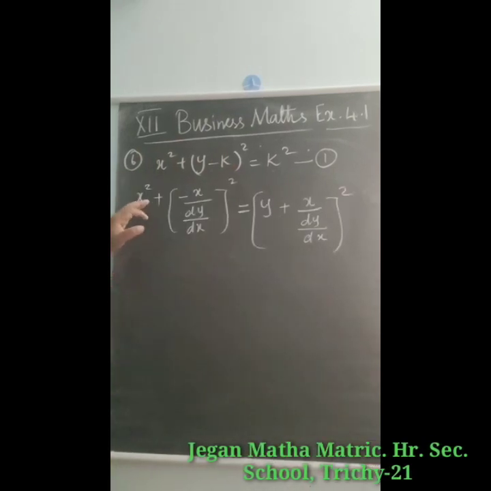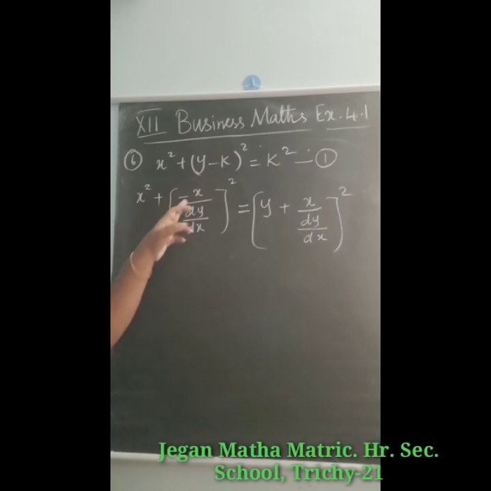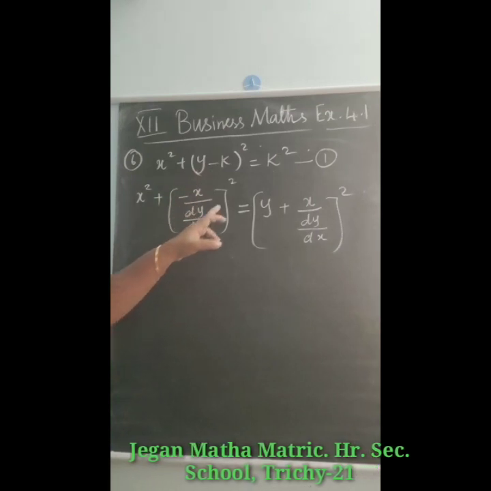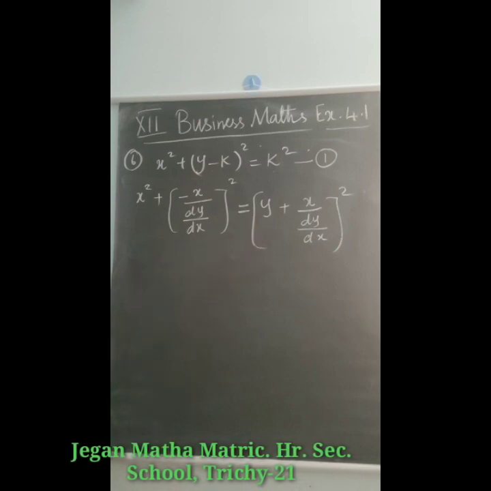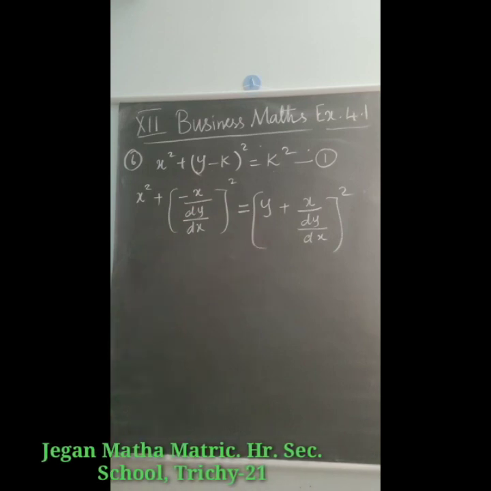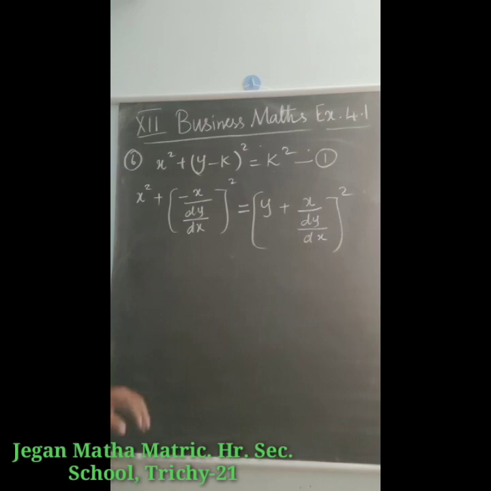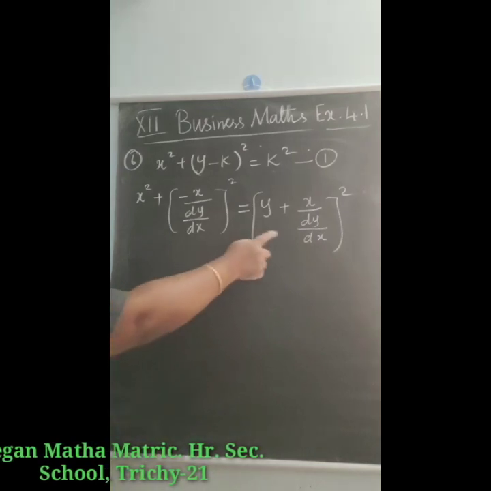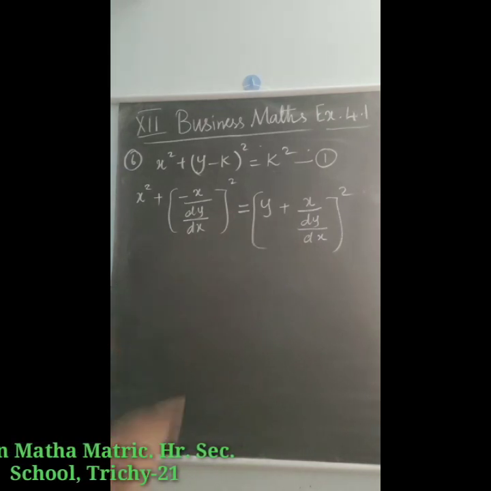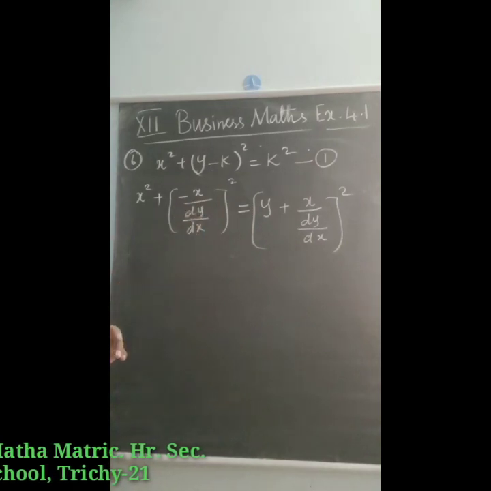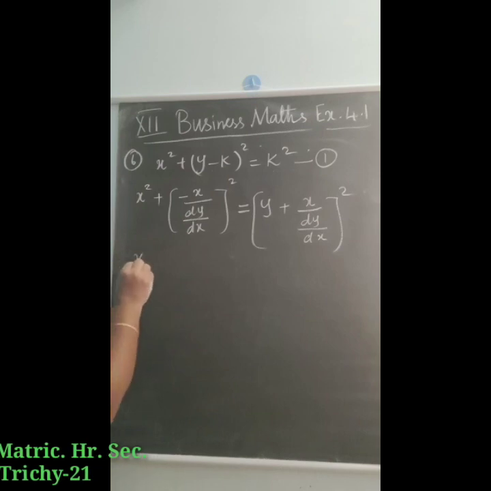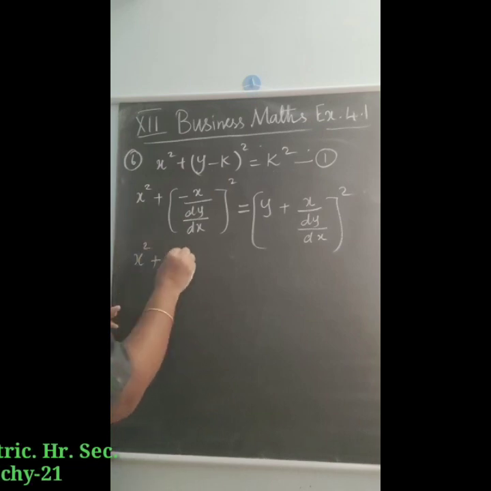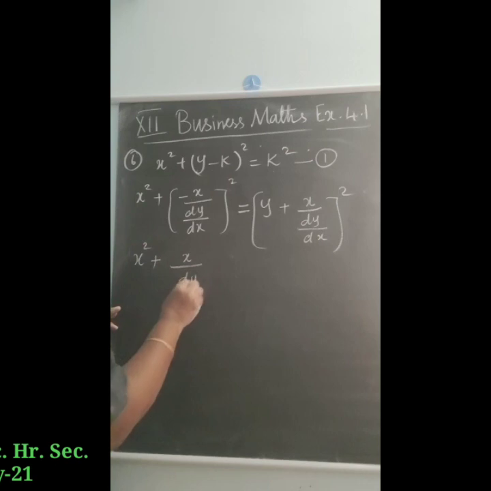So, we substitute x squared plus, instead of y minus k, minus x divided by dy by dx the whole squared, is equal to, instead of k, y plus x by dy by dx the whole squared. We use the a plus b the whole squared method. Here minus of minus is plus. So, x squared plus x divided by dy by dx the whole squared.